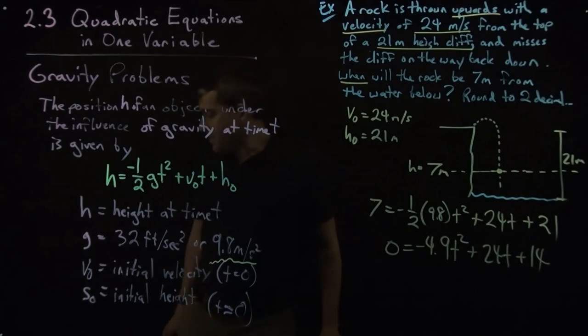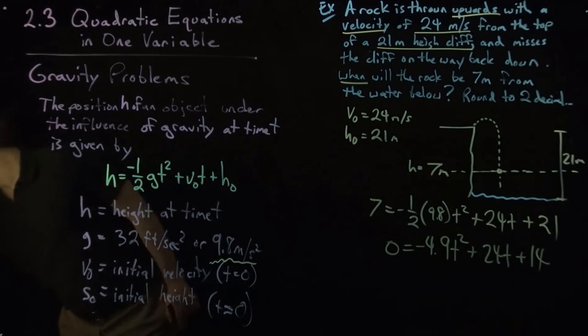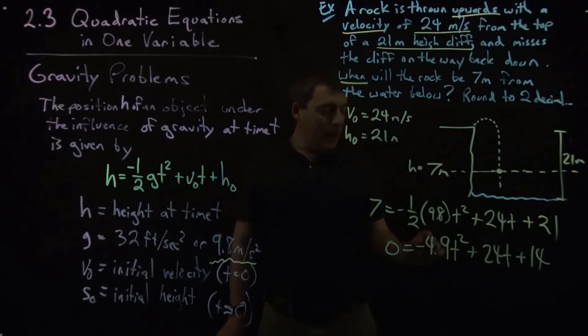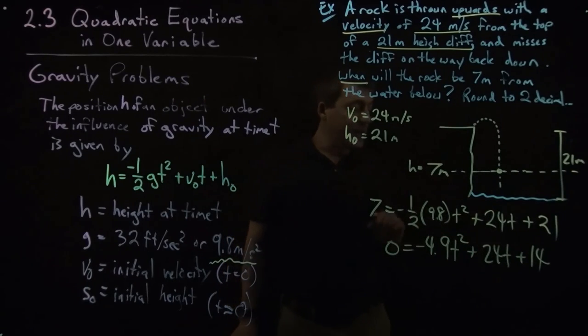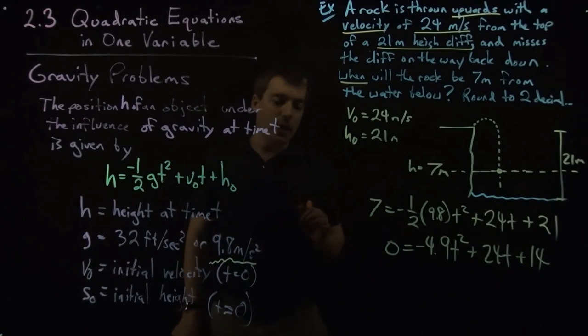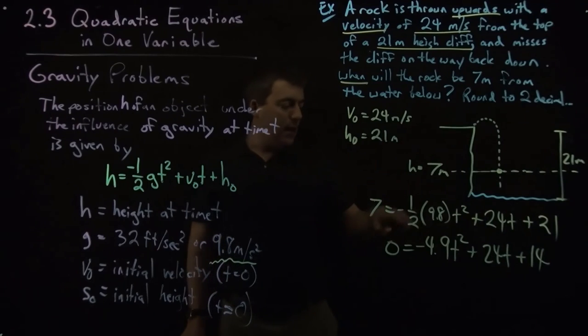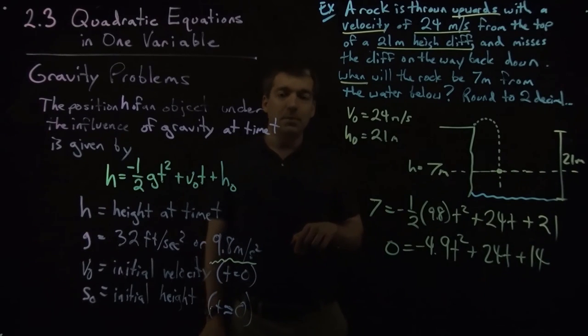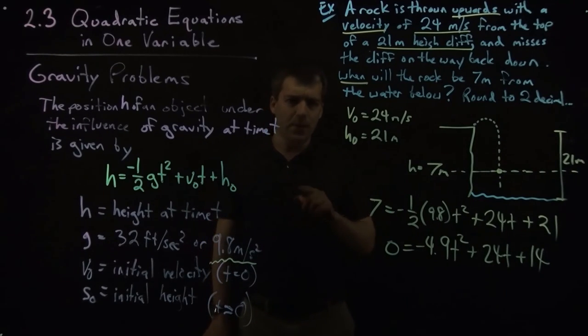All right. So here we want to use the quadratic formula with a equal to negative 4.9, b equal to 24, and c equal to 14. So if you've got your calculator, go ahead and write out the quadratic formula for this, and then type it in. You'll get 2 answers. So go ahead and pause the video, and then come back.